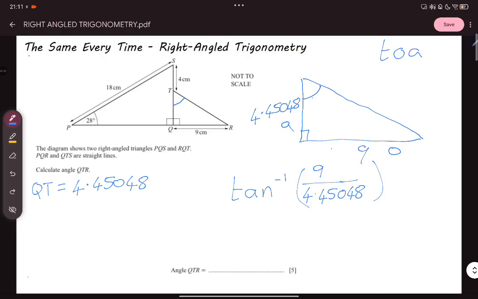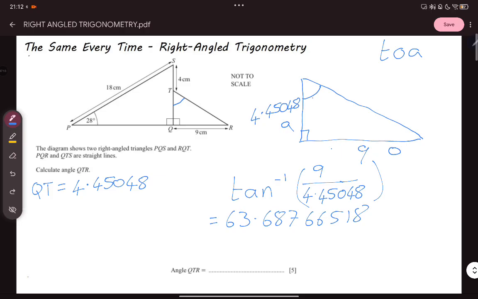And possibly you've still got that 4.45048 on your calculator, so you can use your full calculator answer. So inverse tan, fraction button, 9 divided by the previous answer, bracket. Okay, well, check your answer. Try it on your calculator to make sure that you can operate your calculator and get the correct answer. So 63.687666518. And I actually used my full calculator answer there.